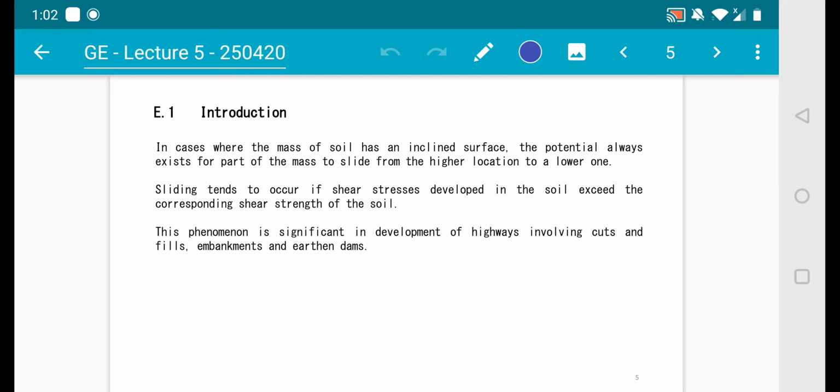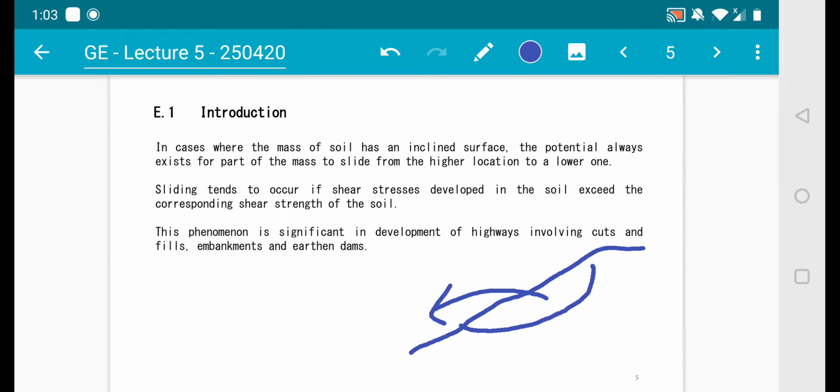Now let's look at the introduction. In cases where the mass of soil has an inclined surface, the potential always exists for part of the mass to slide from the higher location to the lower one. It's just a tendency. Sliding tends to occur if shear stresses developed in the soil exceed the corresponding shear strength of the soil.